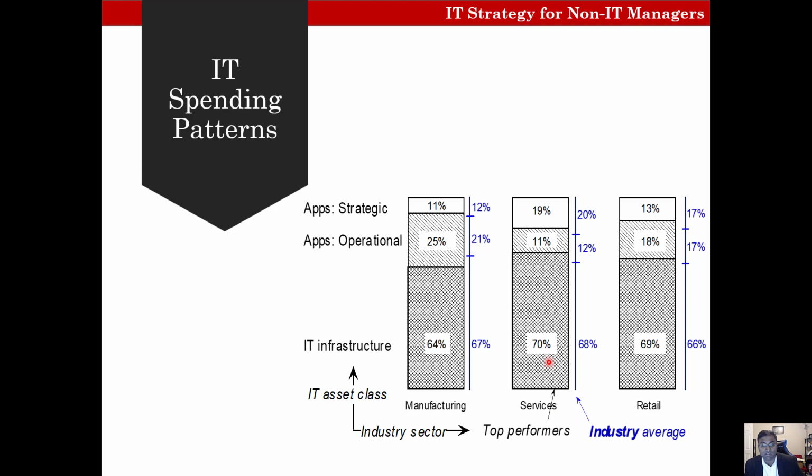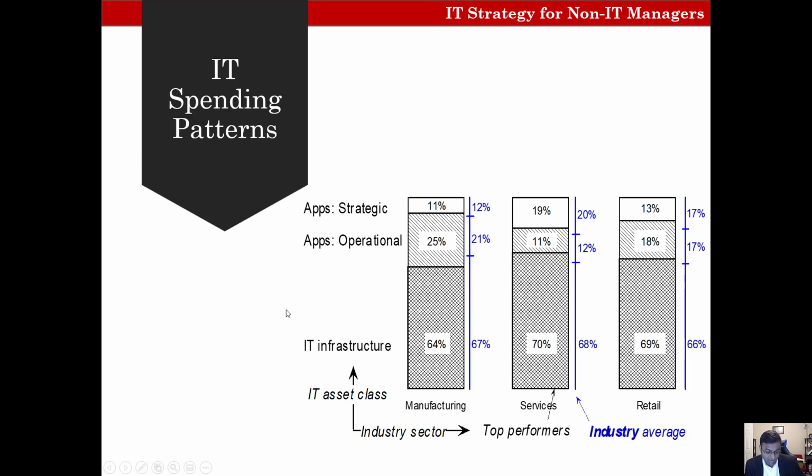In the services industry, on the other hand, and in retail, top performers invest more in infrastructure than the industry average. And you can see they are pretty close here. There's not that wide a gap between top performers and industry average, except here in retail, where strategic is not as much as the industry average.